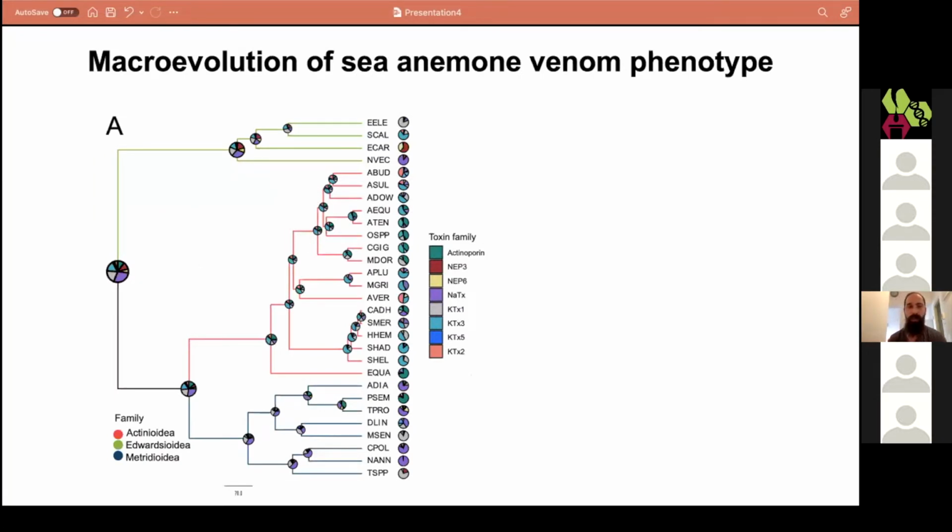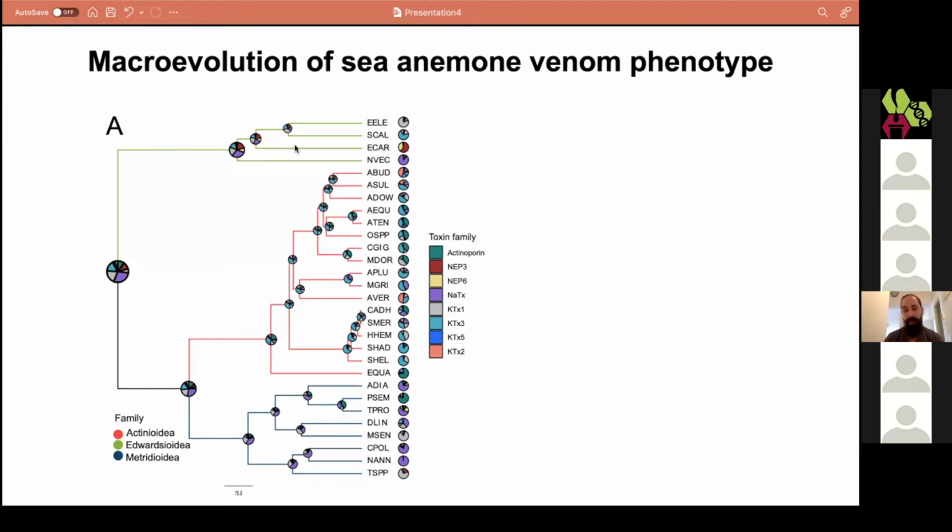So to explore the macroevolution of the sea anemone venom phenotype, we first generated 29 de novo assembled transcriptomes from publicly available data. And from this, we made a species tree, and we quantified and mapped the expression of 8 different toxin families.